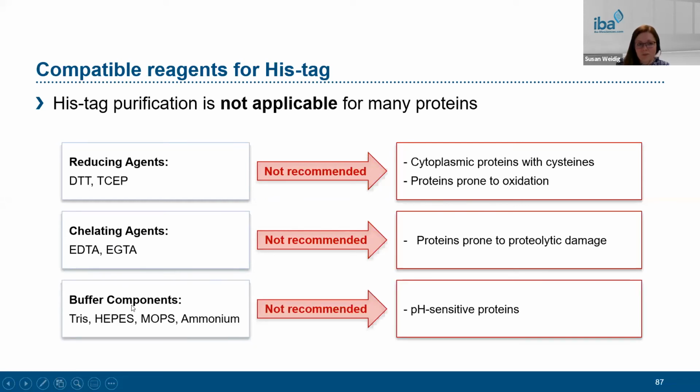And the last reagents which I would mention at this point are Tris, HEPES, MOPS, and ammonium, which cannot be used for the his tag based protein purification. And therefore you will have problems finding the perfect buffer system for your protein, especially when you have a pH sensitive protein.